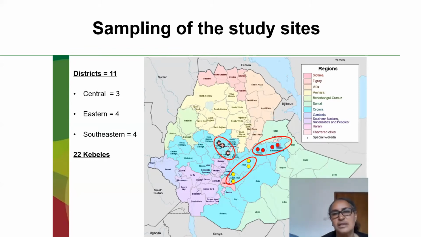In the central highlands of the Oromia region, we took 3 districts, in the eastern part we studied 4 districts, and in the southeastern part we also included 4 districts for the study. And within these 11 districts, we had 22 kebeles included in the study.